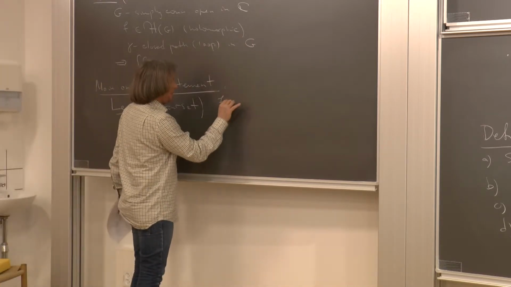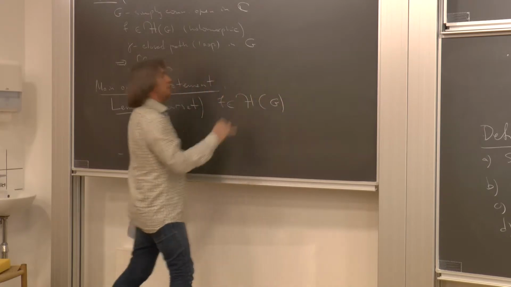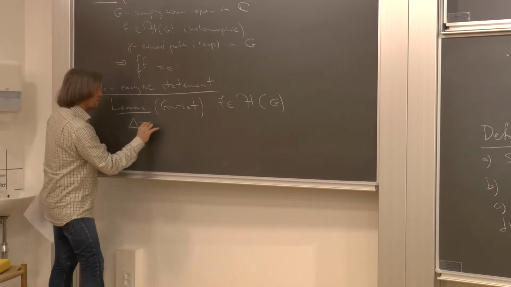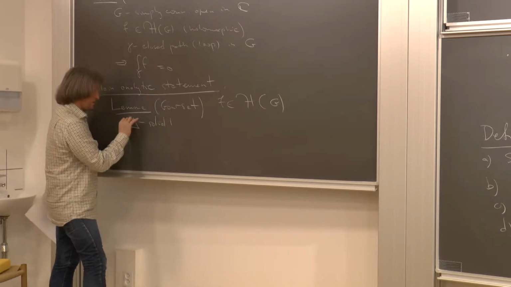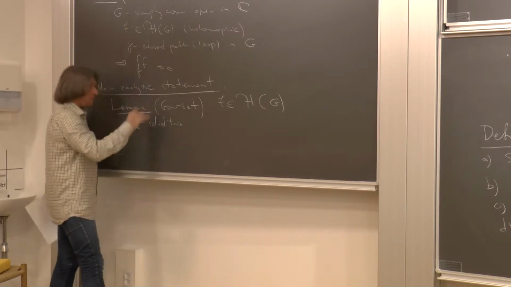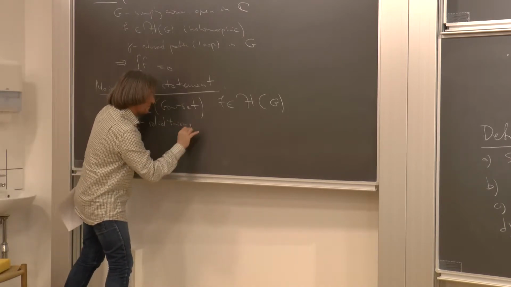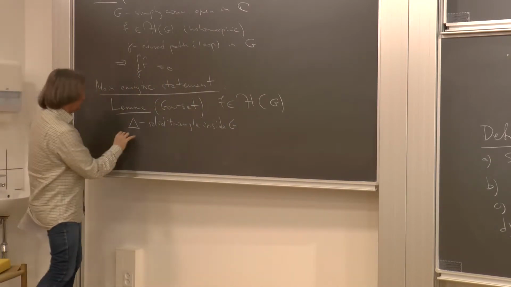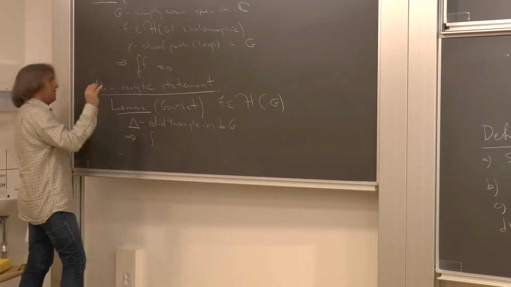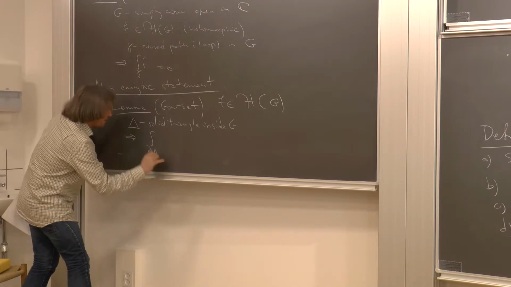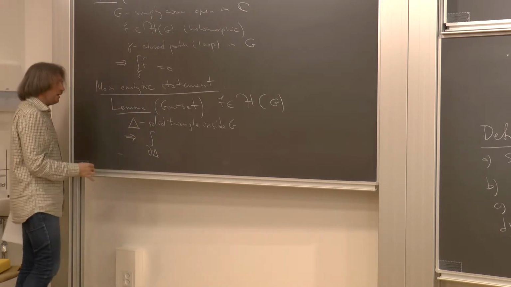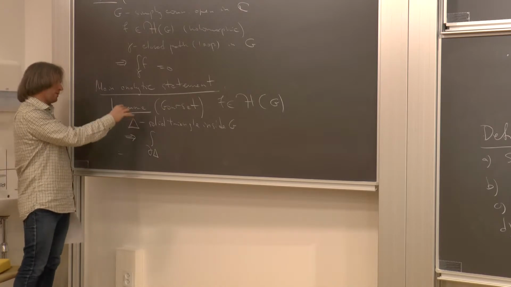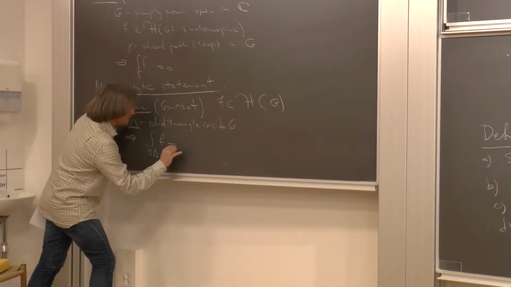It's just f is holomorphic in some domain G, and delta is a solid triangle so the inner part is also inside G. Then it follows that the integral along the boundary of this triangle, along the sides, in some orientation, is not important, you choose one, you enumerate the vertices and go from first to second, from second to third, and back, of f is 0.